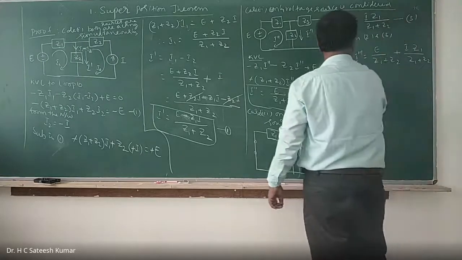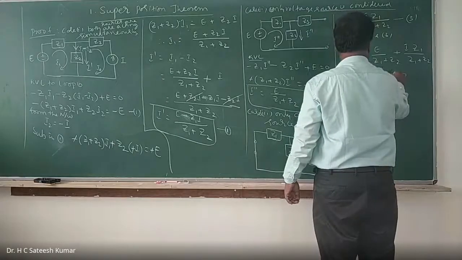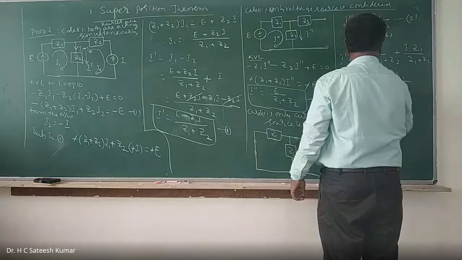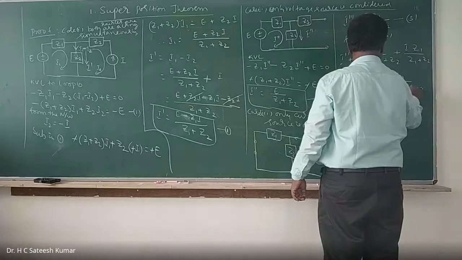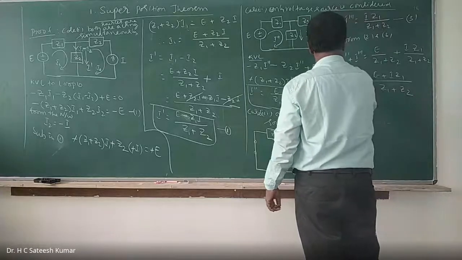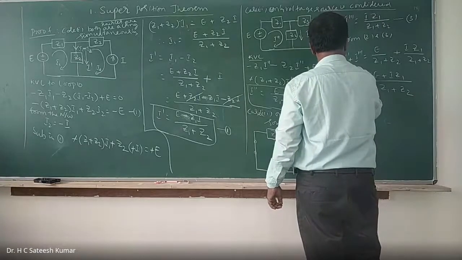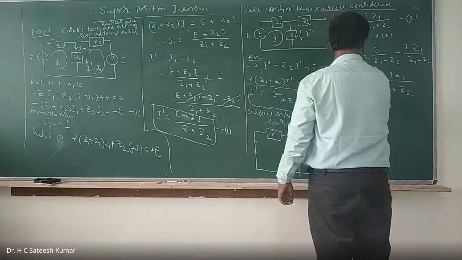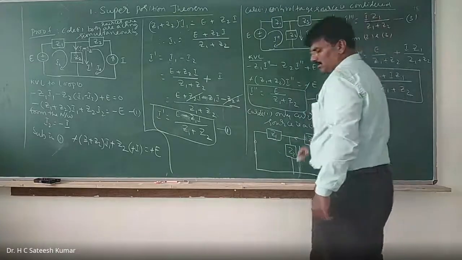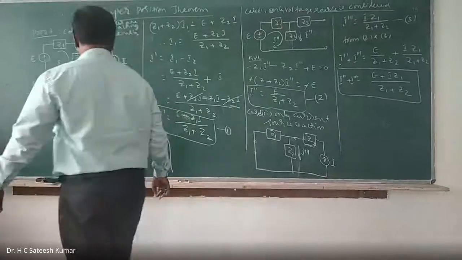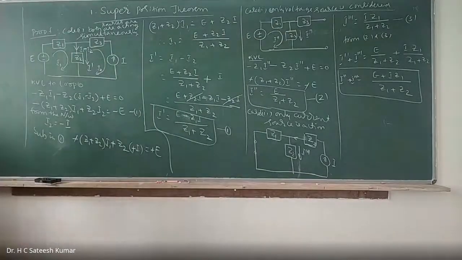Therefore, this is equal to E plus I into Z1, divided by Z1 plus Z2. That means this is the response when both of them are acting simultaneously, equal to the sum of the responses when they are acting individually.